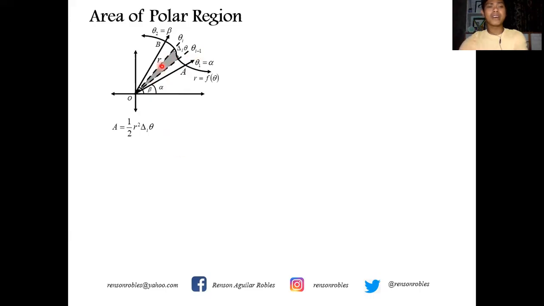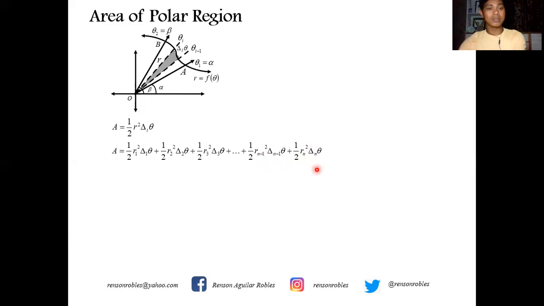Again, to find the area of the entire region, the idea is to use n subintervals. We divide the region into many sectors, and by using n subintervals, we can express the area as the sum of the measures of n circular sectors: A equals 1/2 r sub 1 squared delta sub 1 theta plus 1/2 r sub 2 squared delta sub 2 theta plus 1/2 r sub 3 squared delta sub 3 theta, running until 1/2 r sub n minus 1 squared delta sub n minus 1 theta plus 1/2 r sub n squared delta sub n theta.